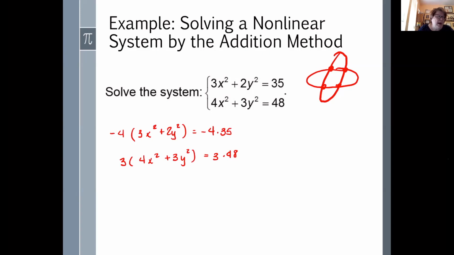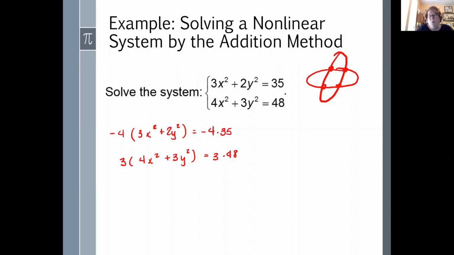When you do that, you eliminate the x's because in the first equation, x will be -12x squared, and in the second equation, it would be 12x squared. When you add those two equations together, you're going to eliminate the variable x. So you could do that.